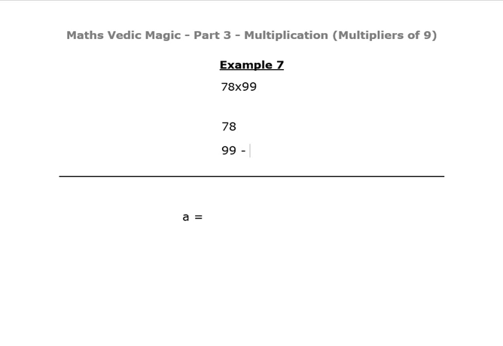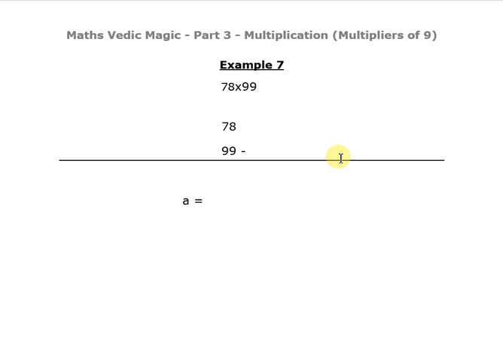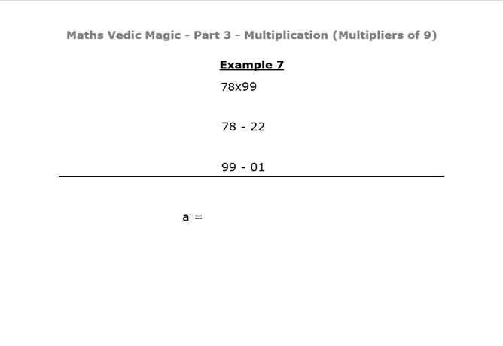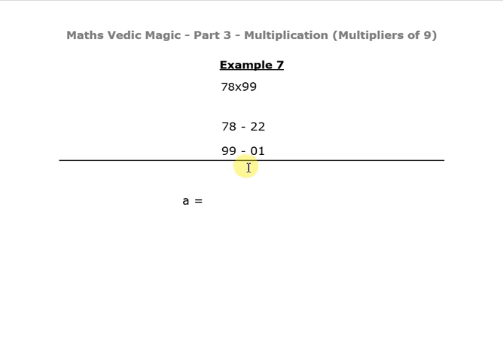In this case it would be 22, the multiplication gives us 22 for the right side portion.